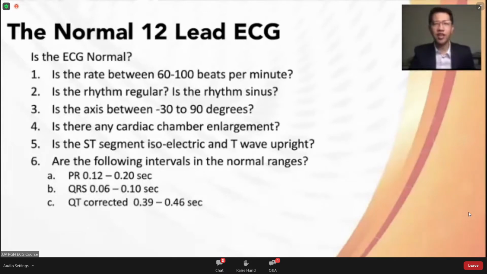Is there any evidence of chamber enlargement? Are there changes in your STT waves that might suggest ischemia or infarction? Are the following intervals normal, the PR, QRS, and the QT intervals? If the answer is yes to all, then you can safely say that you have a normal 12-lead electrocardiogram.